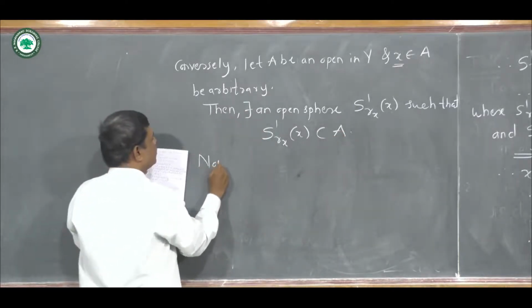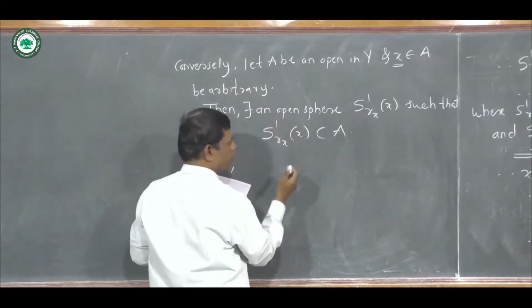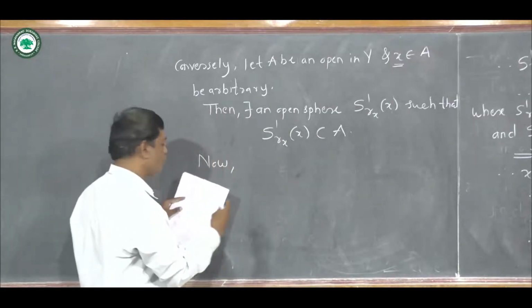Now we know that if set A is open, then that set can be written as a union of open spheres.